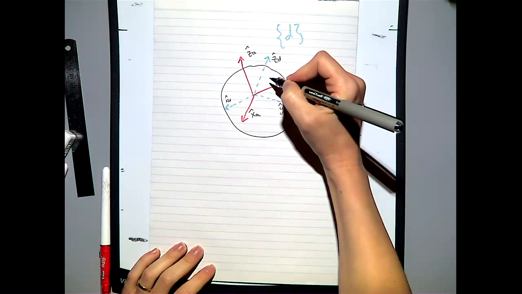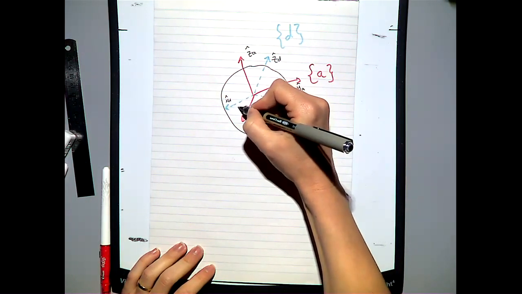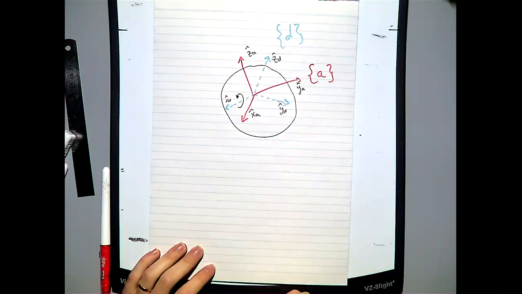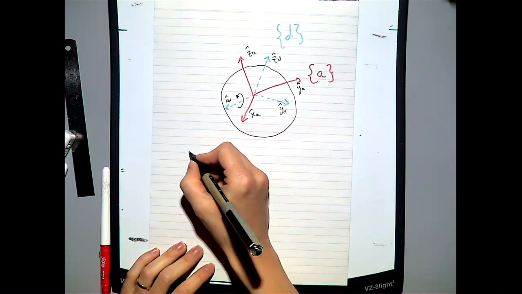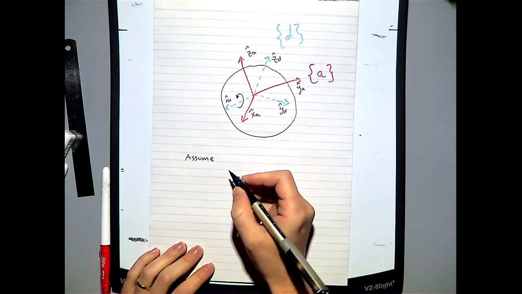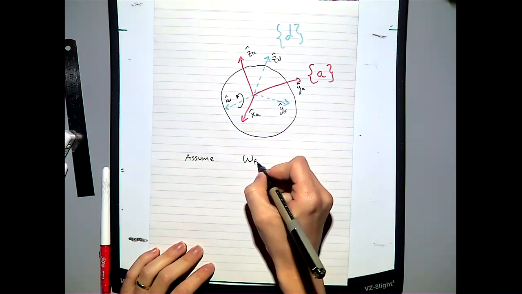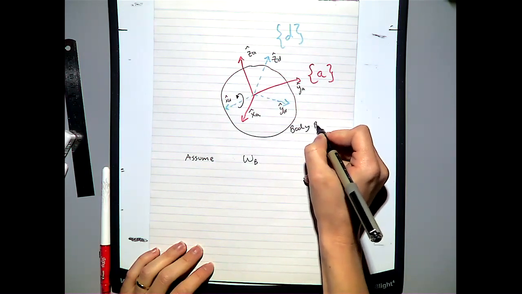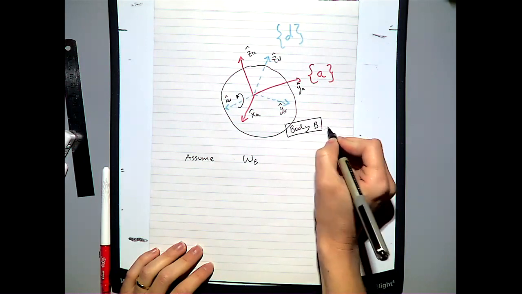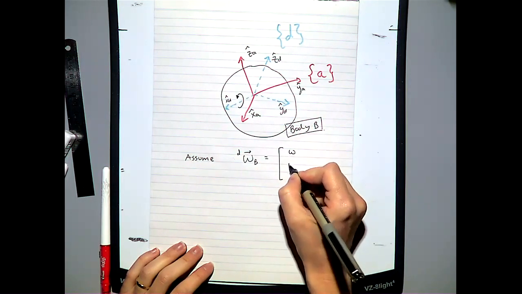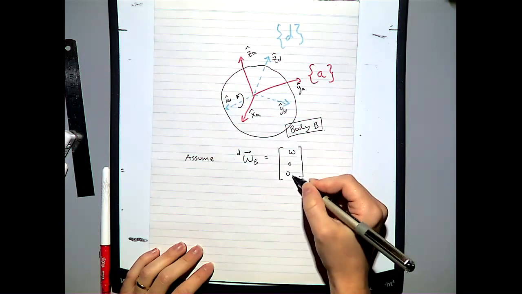If the body rotates, say, purely about this direction, assume hypothetically that omega of this body B in frame D is just some omega, 0, 0.